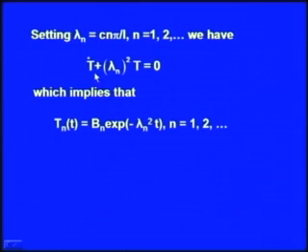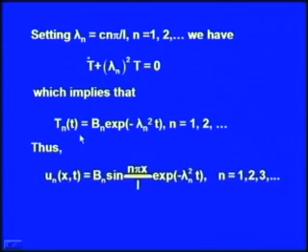We can then integrate on both sides, and we shall find that the general solution of this differential equation may be written as T_n(t) equal to B_n into e to the power minus lambda n square into t, for n taking values 1, 2, 3 and so on. B_n's are arbitrary constants here for each value of n.